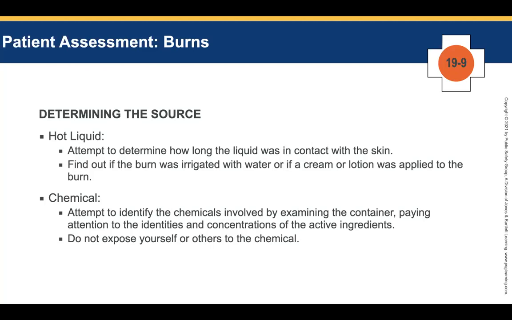Always be thinking about that. Think about other people around you. With chemicals, you have to be real careful with what you're doing and how you're getting rid of them. Again, poison control can be a big resource for us. We can call on them while we're dealing with it, and somebody can be finding out what the chemicals are.